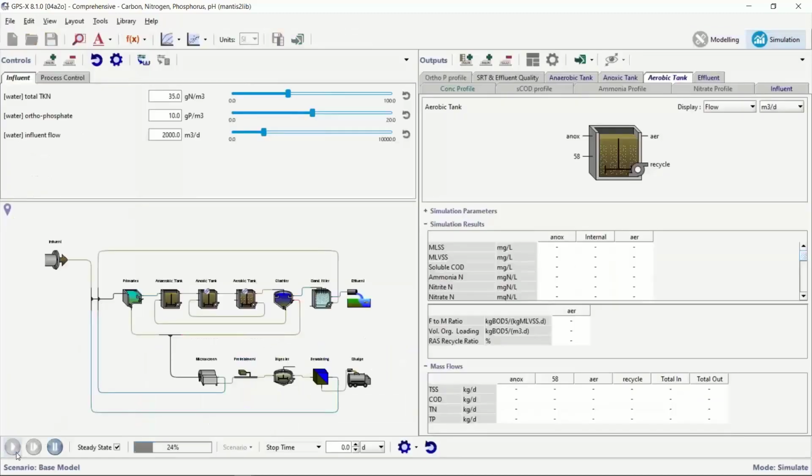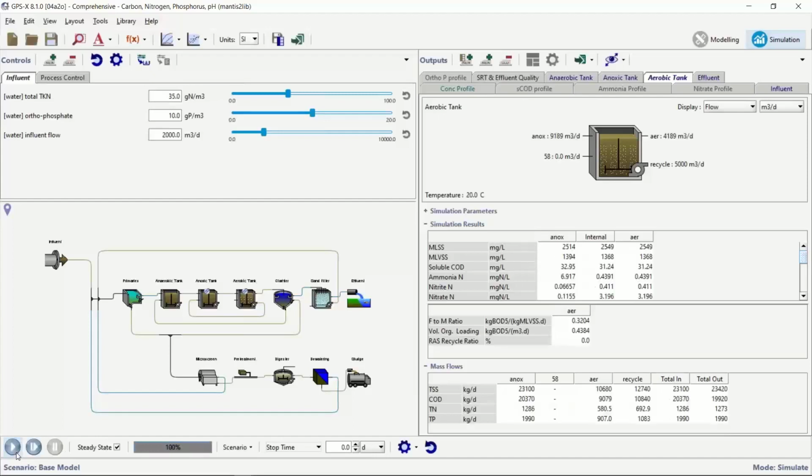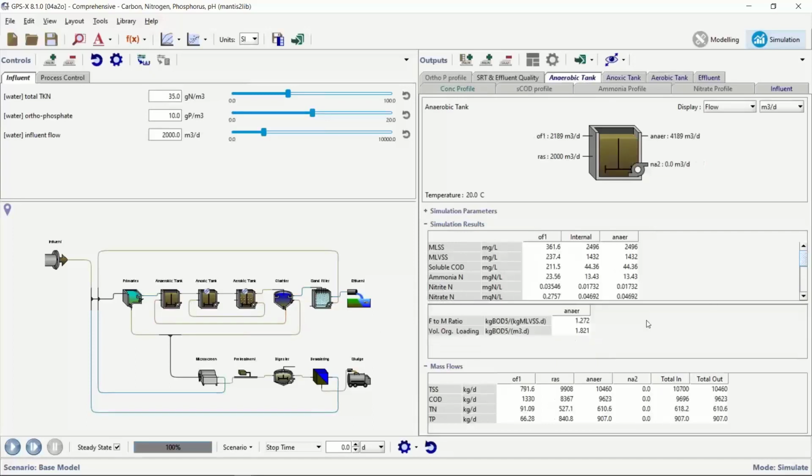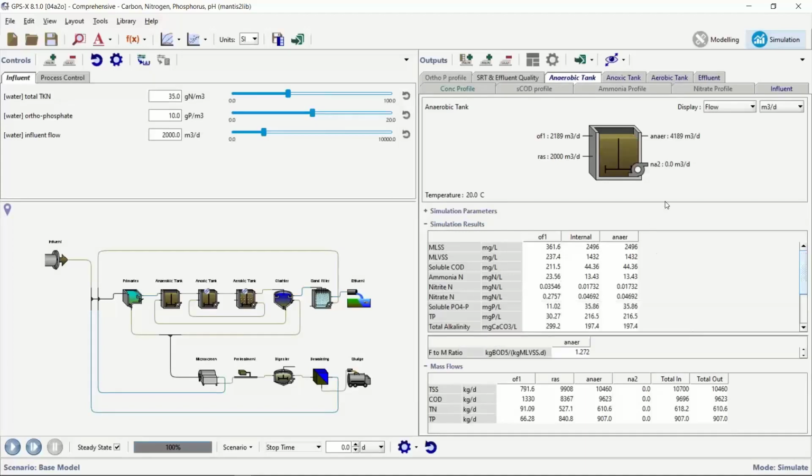Okay, so I'm going to run just a steady state solution here. Let's poke around and take a look at some of the numbers, just so that we can see what there is to see about this particular system. If I start here, I'm just going to double click on this anaerobic tank. One of the things you can do, I don't know if you've ever played around with this menu at the top here, but right now it is showing the flows. You can actually display other things up here.